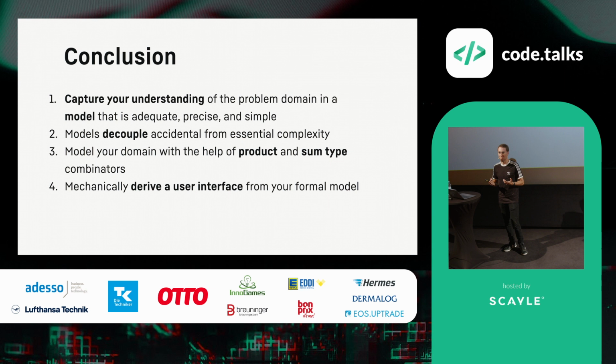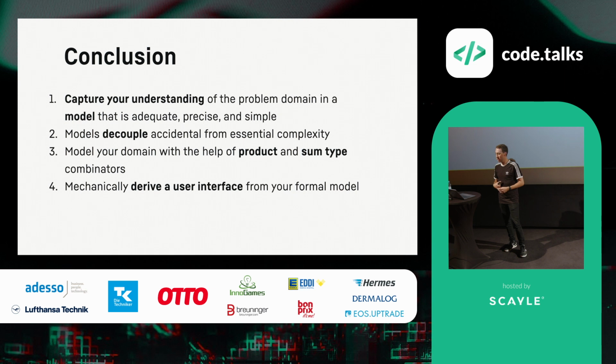Us programmers, we're sometimes afraid to show code to other people that might not understand what's going on. But you should explicitly design these models to show them to non-technical people, because they're not about computers, they're about thinking precisely. Models also decouple accidental from essential complexity, so this all blends into one idea here.